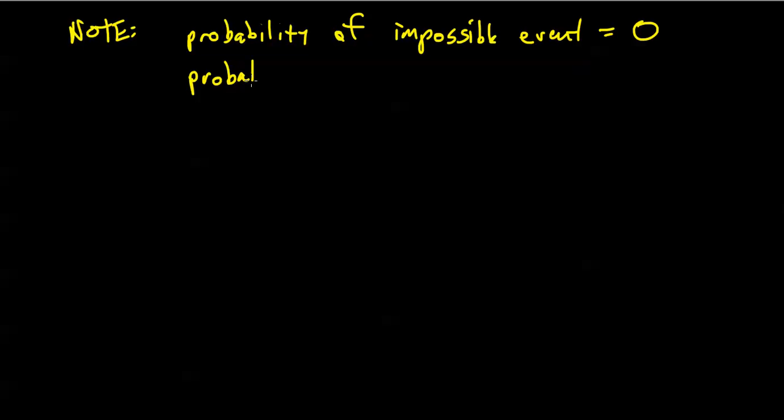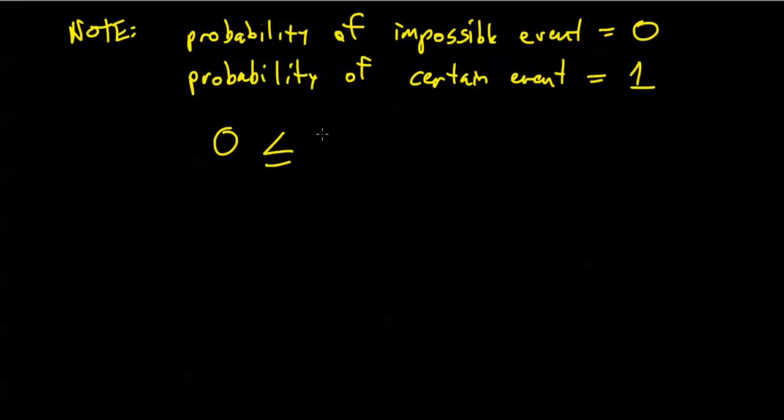The probability of a certain event, well, I bet you know that's 1. Hence, all events land somewhere in between the realm of impossibility and certainty. So when we're talking about probabilities, that means the probability of any event has got to be between 0 and 1.